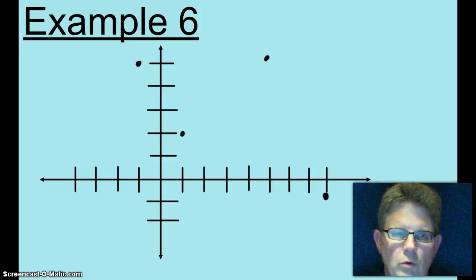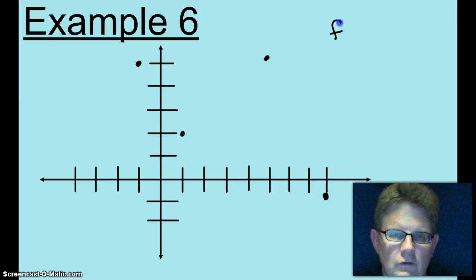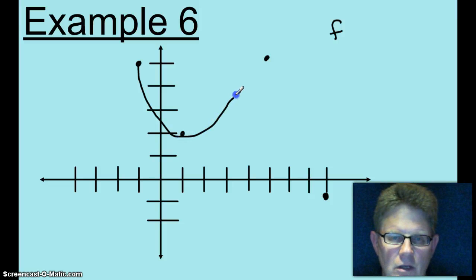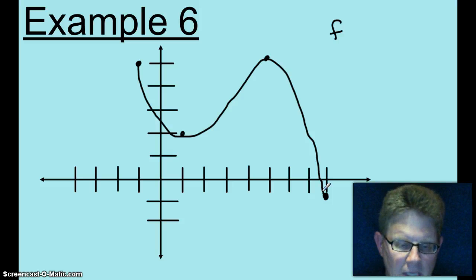Okay, there are the 4 points, and you're told that f is continuous and differentiable, which means there are not going to be any cusps or anything. So the simplest graph we could possibly make to hit all 4 of those points would go something like that. And we want to try to make the graph as simple as we can. Okay, which choice is available?